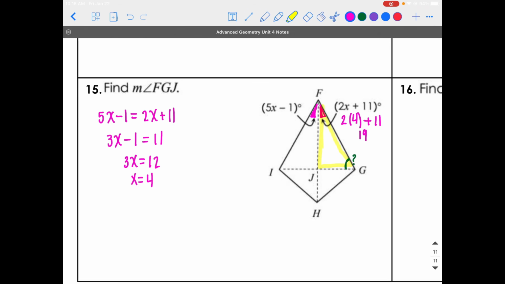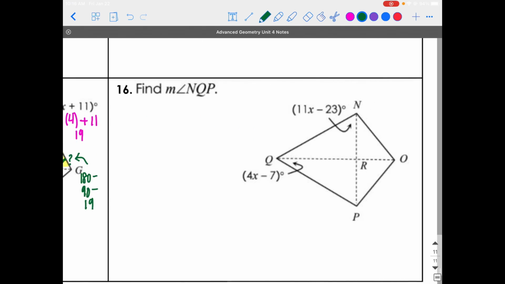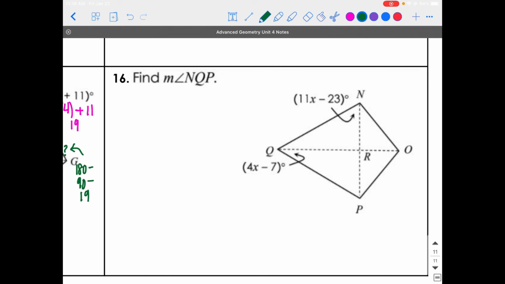And we have a triangle, one with 90 degrees and one with 19 degrees, so we can do 180 minus 90 minus 19, and that gives us 71. All right, so try number 16. Pause the video.